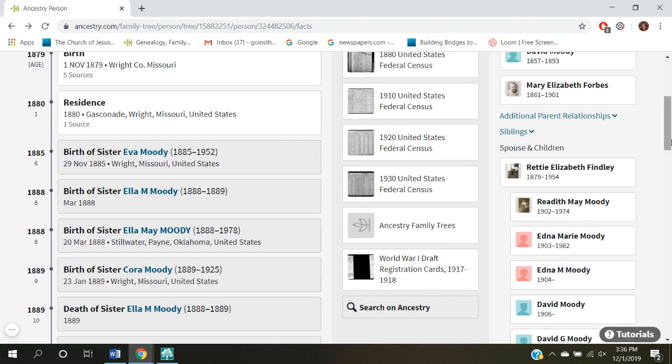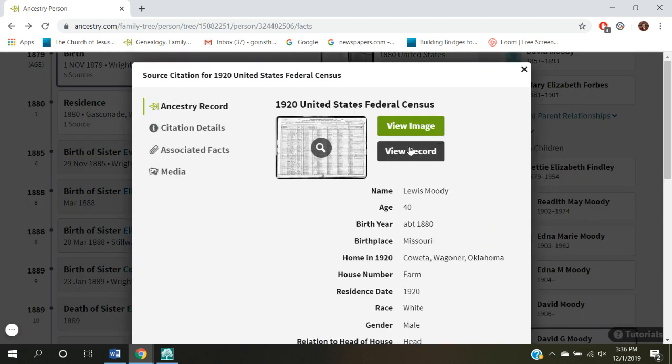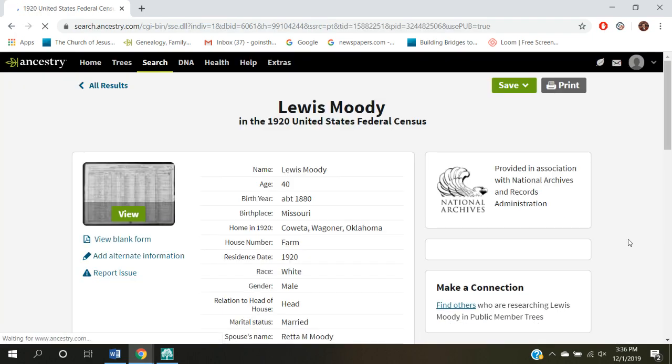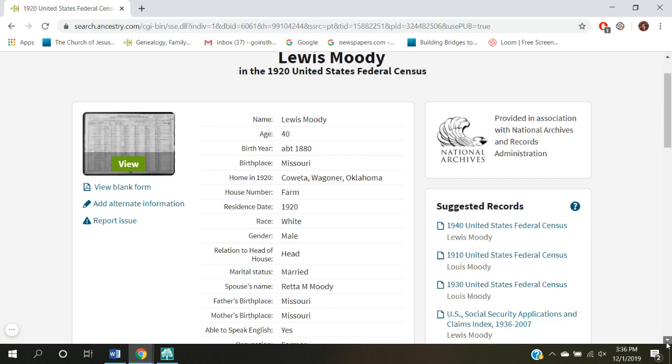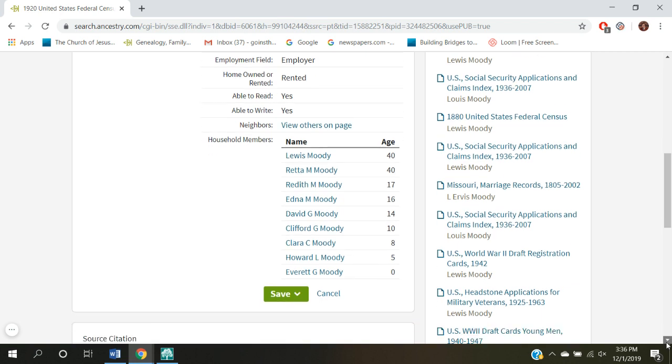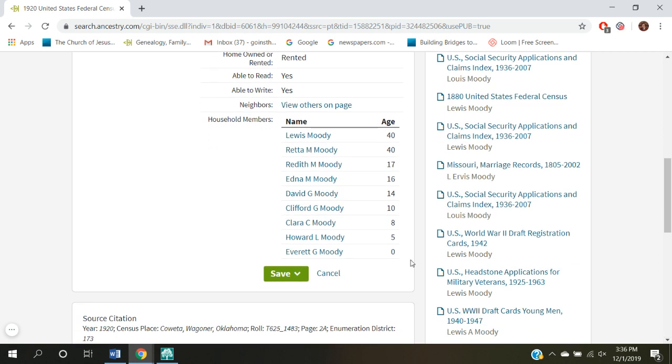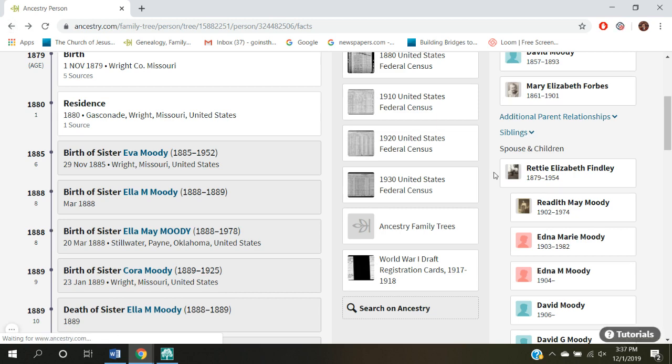So I'll go up here, click on 1920, go to View Record, and I will go down and see that we have a Redith, Edna, David, Clifford, Clara, Howard, and an Everett. So let's go back. Everett G, it says. Let's click back and check the names of these children again.